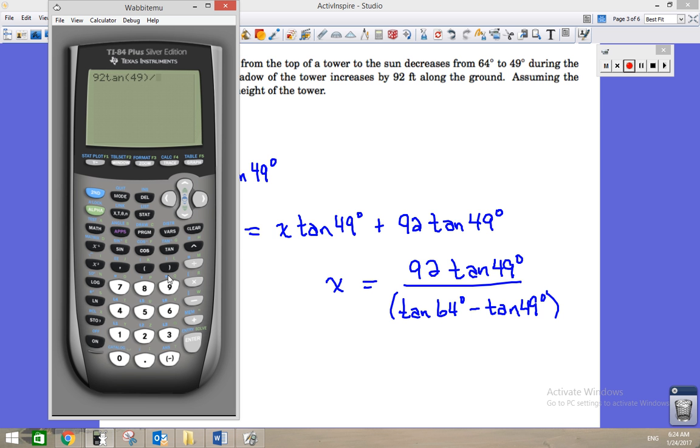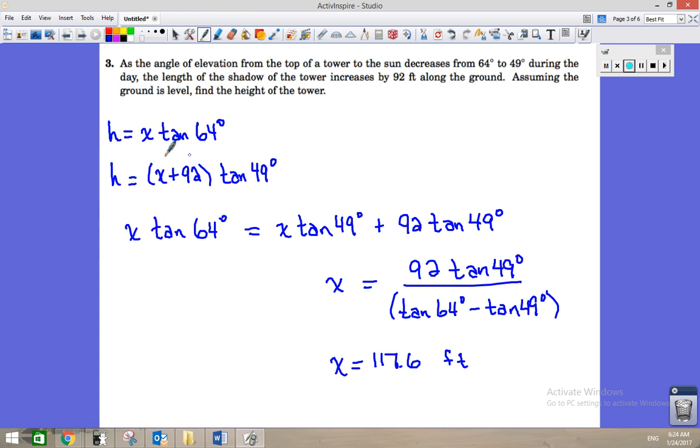Make sure you close that parenthesis and put the denominator in parentheses. So I've got tangent of 64, close that parenthesis, minus the tangent of 49, close those parentheses. And I'm getting the x is 117.6 feet, but we wanted h, didn't we?